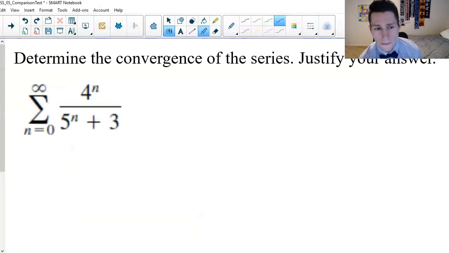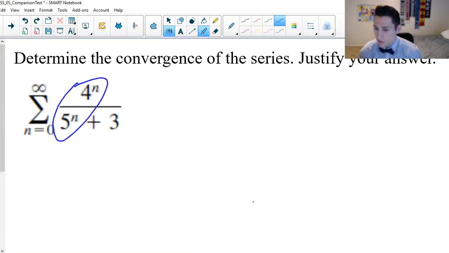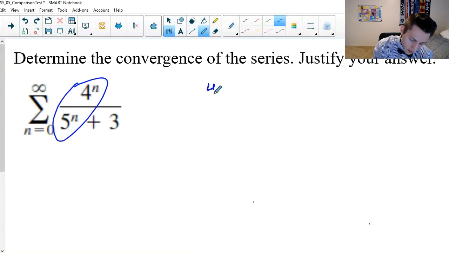Okay, for this series, from 0 to infinity of 4 to the n over 5 to the n plus 3. I don't see immediately that I could figure out if this converges or diverges from one of my other tests. But I am interested in 4 to the n over 5 to the n. So let me compare. Oops, not 5 to the n plus 3, but 5 to the n and then plus 3.